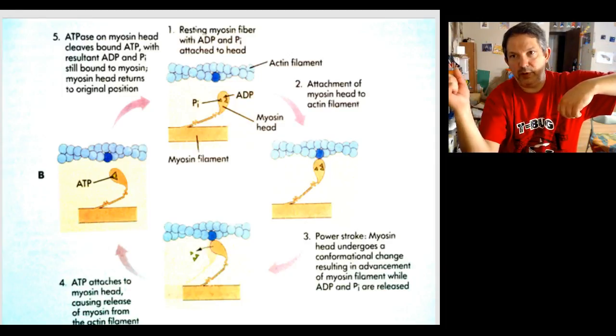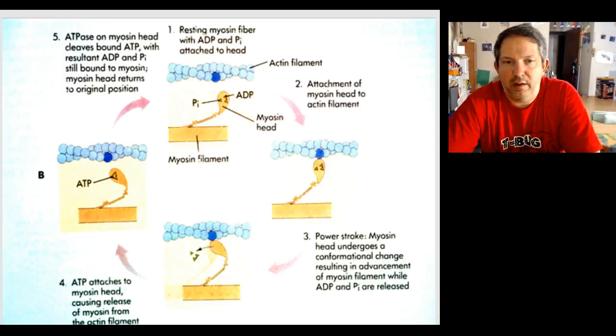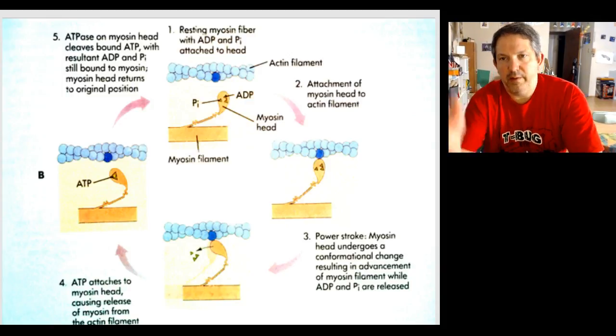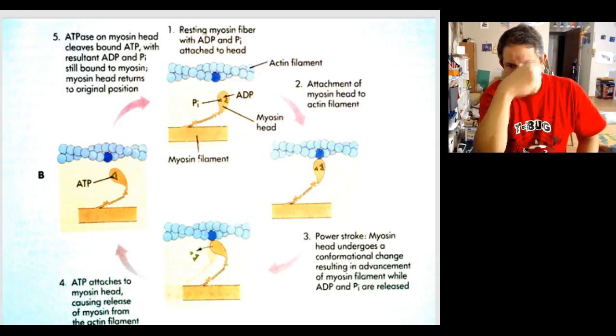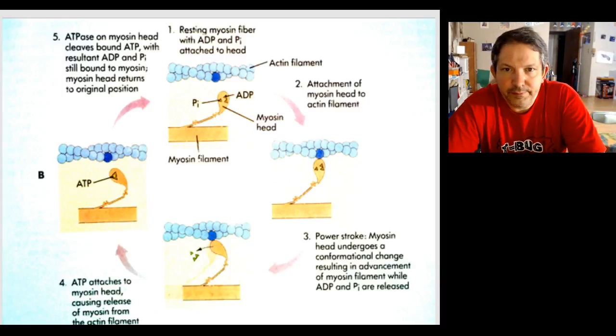And I'll just keep doing this. But the point that is not intuitive is that the power stroke doesn't use ATP. The ATP was used in cocking the head and getting it ready.